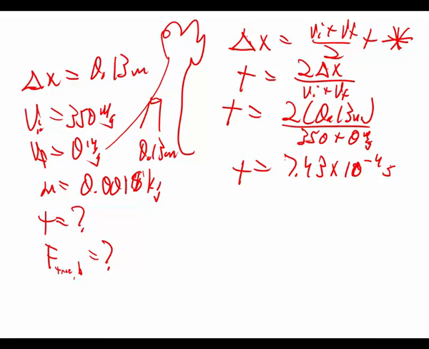Now, does that make physical sense? Let me read it again. How much time is required for the bullet to stop? So think about from the time it hits the tree until it stops. It impacted 0.13 meters. Well, that's how many centimeters?